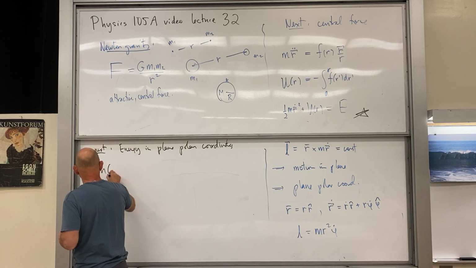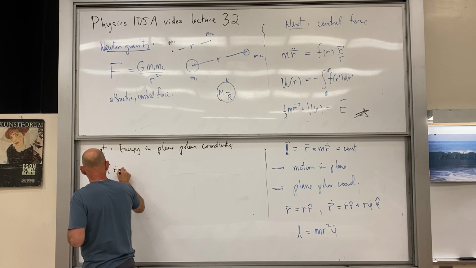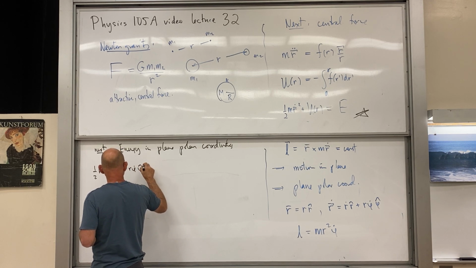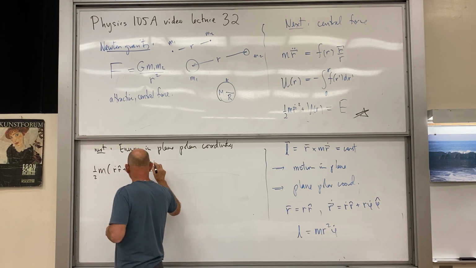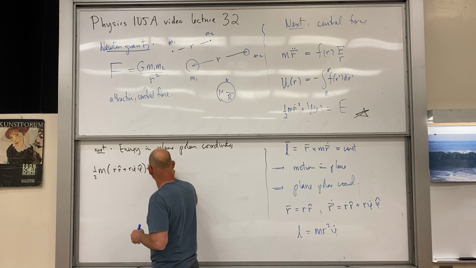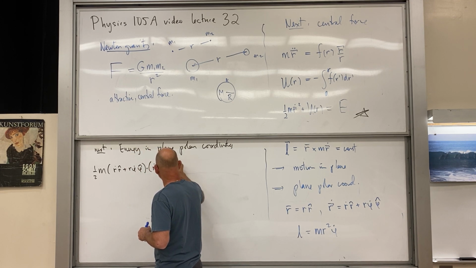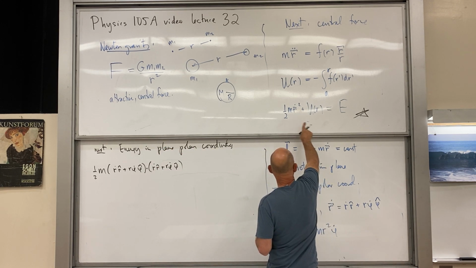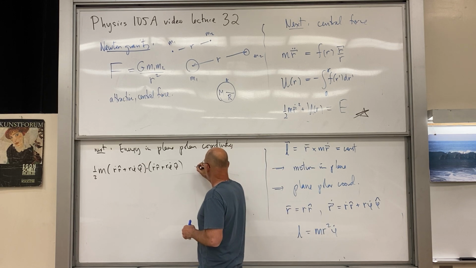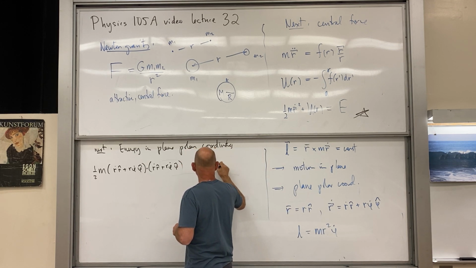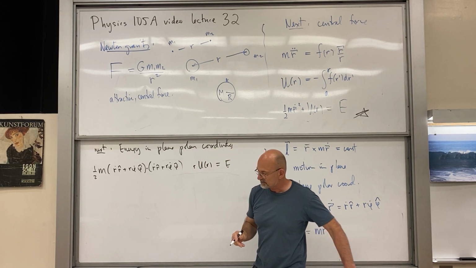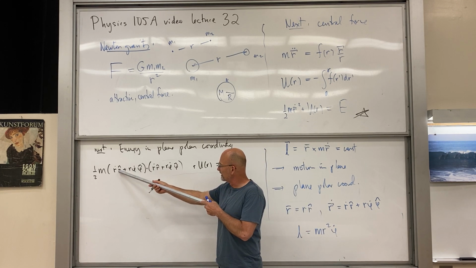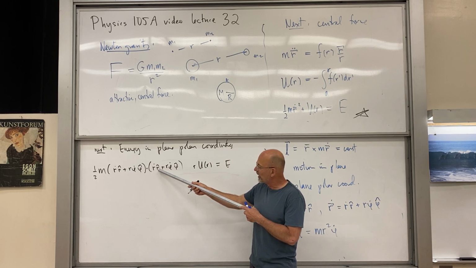So let's write r dot r hat plus r phi dot phi hat dotted into itself, plus u of r is equal to E. Now we just expand this out, but there's nothing to it, because r hat squared is just 1.